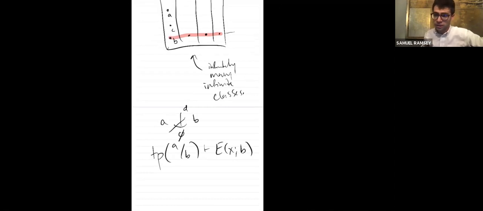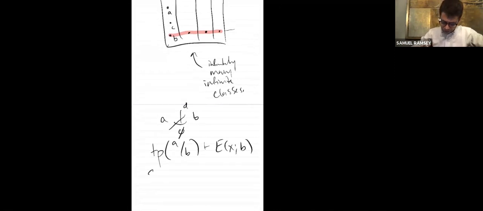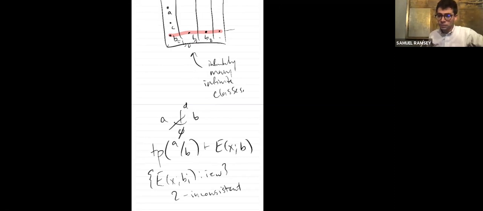You can check by quantifier elimination in this structure that if I just take any collection of pairwise inequivalent elements, that will be indiscernible over the empty set. And now, if I look at the collection of formulas E(x, B_i), i less than omega, this is 2-inconsistent. So this is going to be B0, this is B1, this is B2, and so on. Does that make sense? I can't be simultaneously equivalent to B0 and B1 because they're not themselves equivalent, and equivalence is transitive.